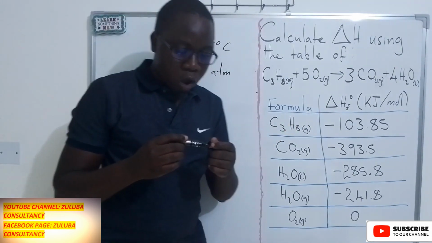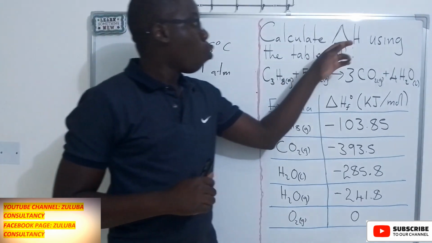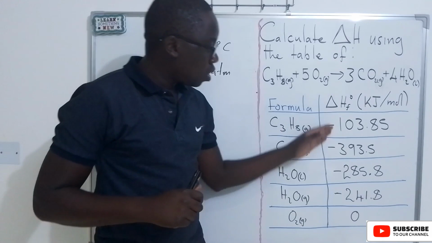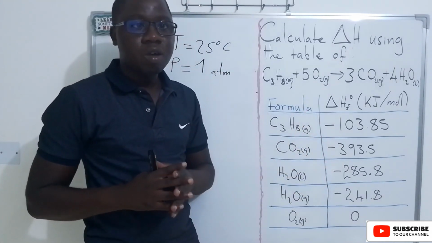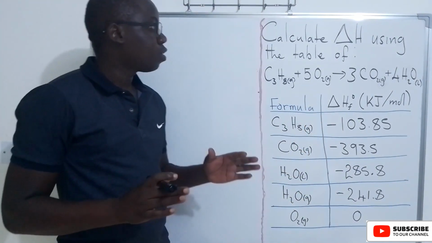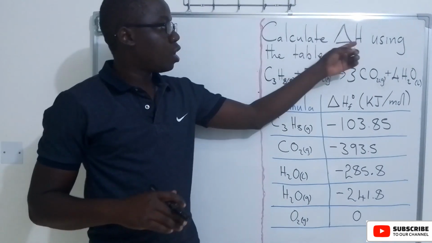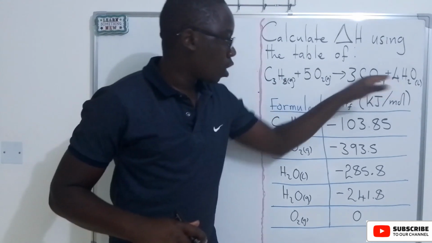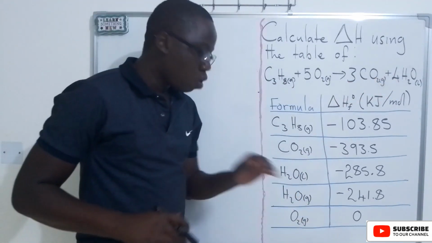So, in this video, we are going to see how we calculate the change in enthalpy when you have been given the standard enthalpy of formation. The question reads, calculate the change in enthalpy using the table for this equation that we have. The table is here.